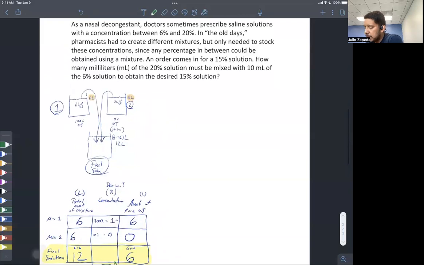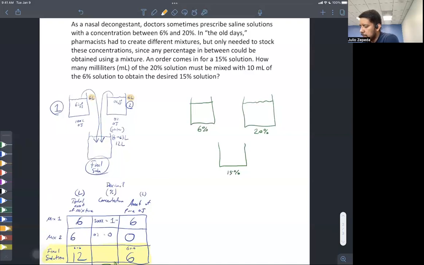So let's go ahead and try to draw a picture. So there is a 6% solution, 20% solution, and we want a 15% solution. Okay. So far we've used the fact that there is a 6%, 20%, and an order comes in for a 15% solution. So that's our final concentration that we want.